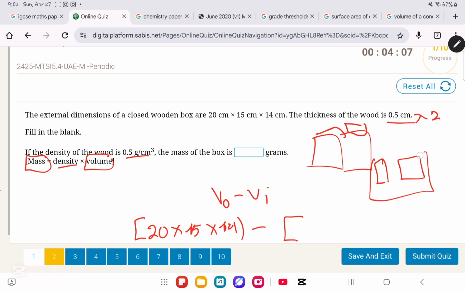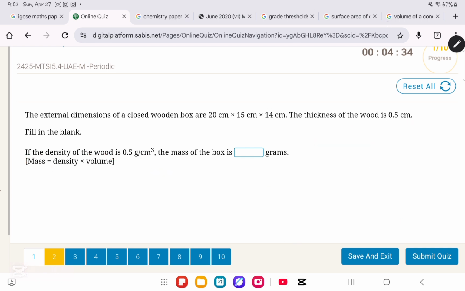So it's 20 minus 1, which is 19, times 15 minus 1, which is 14, times 14 minus 1, which is 13. On the calculator you get 742. Now you take the density 0.5, multiply it by the volume 742, and you get a mass of 371 grams.